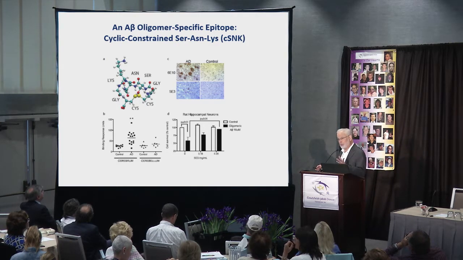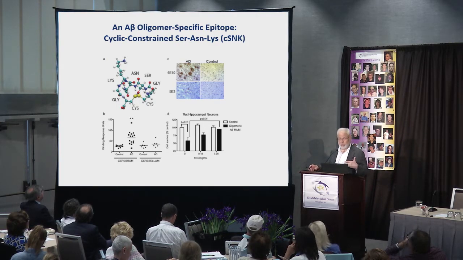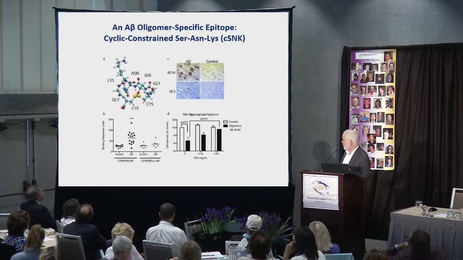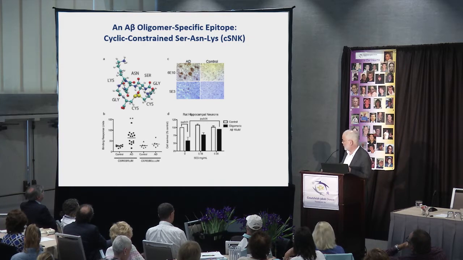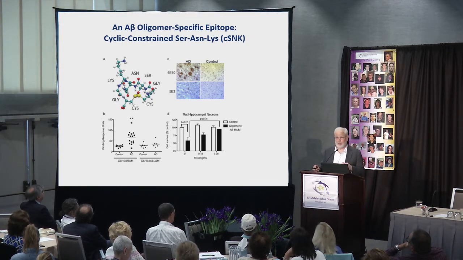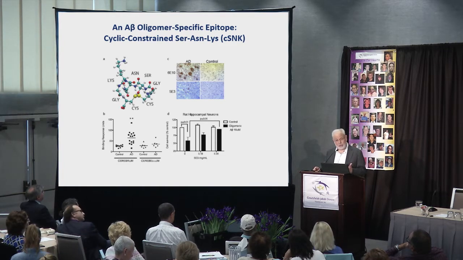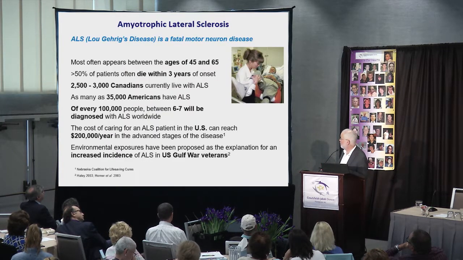They also don't recognize the other form of A beta, which is monomers. Oligomers are very present in affected regions of the brain in Alzheimer's disease, but not in normal controls. And our antibody protects neurons from cell death induced by oligomers.